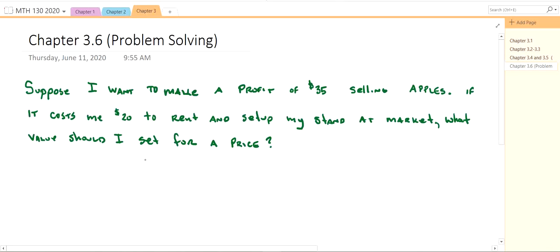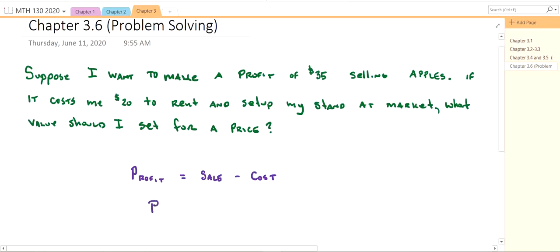Well, okay. When we're talking about profit, you can think of profit often as the sales price minus the cost.